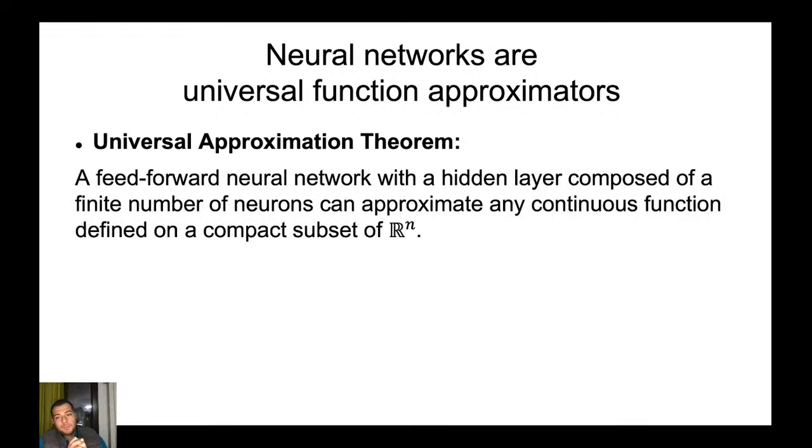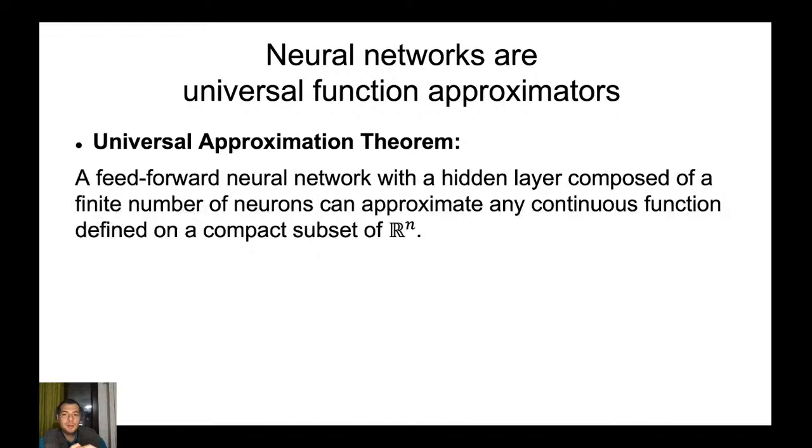The idea is that a compact subset is just a Cartesian product of intervals. So you can think of selecting a portion of this Euclidean space that is continuous, and this is a compact subset.